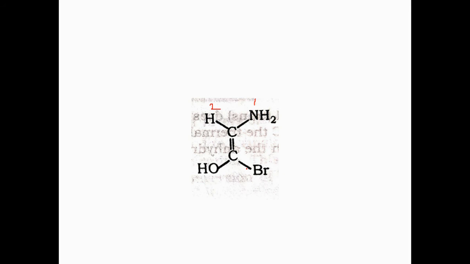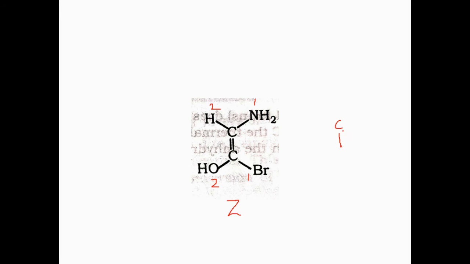Here the carbon is bonded with bromine and oxygen. We already saw that the atomic number of bromine is greater than that of oxygen, so priority 1 for bromine and 2 for oxygen. Here the same priorities, 2, 2 and 1, 1, are arranged on the same side of the double bonded carbon atom. So this configuration is Z.